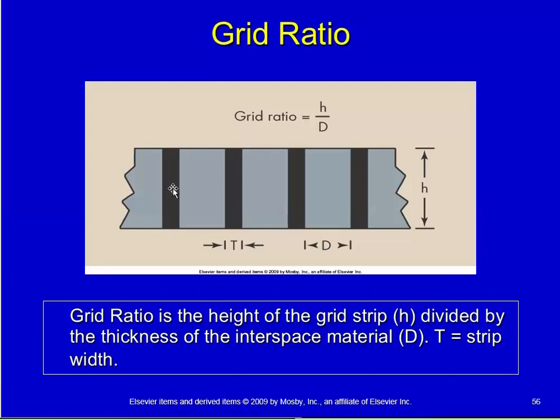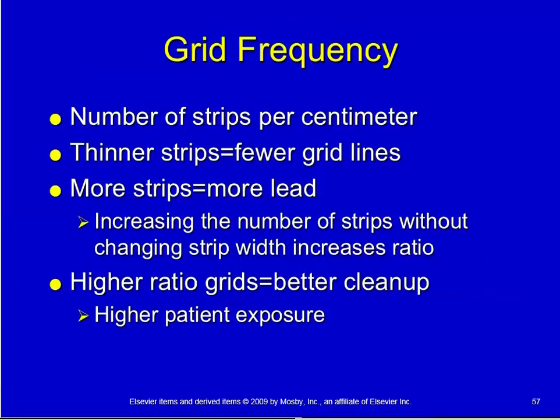If I cut this strip in half and I cut the distance in between also in half, then our grid ratio remains the same with the increased grid frequency. So increasing the number of strips without changing the strip width increases grid ratio. Higher ratio grids give us better cleanup. Unfortunately, we have higher patient exposure because we have to increase our mass in order to compensate for that.